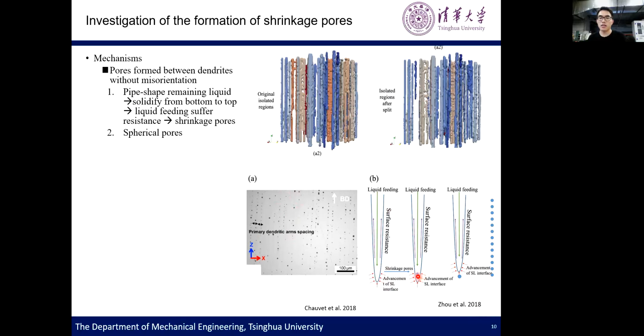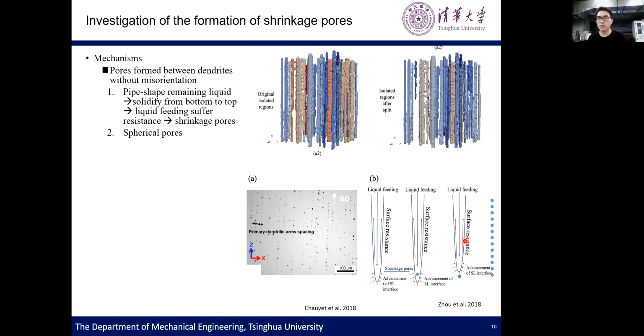At the bottom of the isolated region, the material has shrinkage, but it can't be fed by liquid from the top because of the surface resistance. So at the bottom of the isolated region, shrinkage cage pores form.